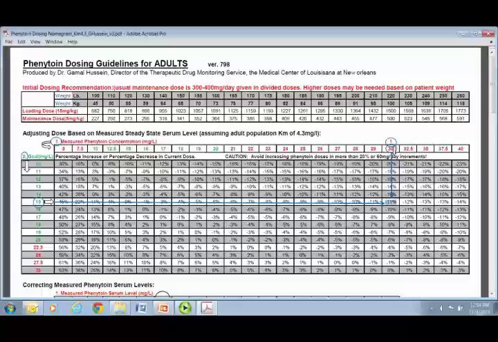That's 10% is 30, 11% maybe 33, 35, 33. So you will need about 300 milligram to achieve a level of 15.